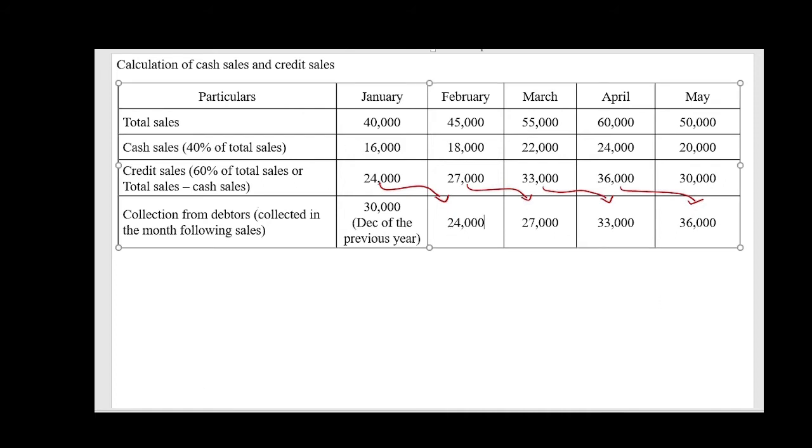Now, quickly we'll mention over here. This is pertaining to the month of January. This is for the month of February. This is of the month of March. And this is pertaining to the month of April.